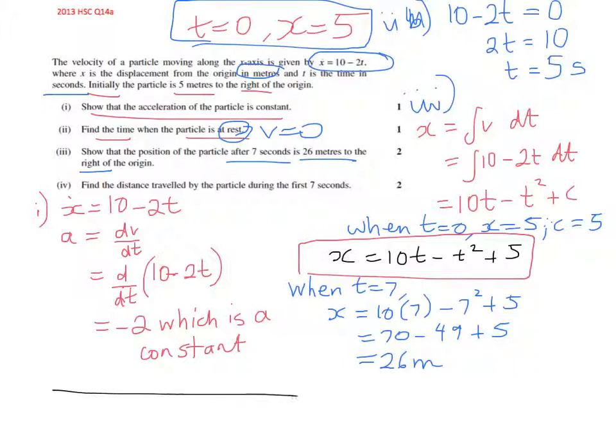So with our number line here, we will put 0 here, where we have 5, 10, 15, 20. 26 is just here. So initially it is at 5. The particle is moving up, and at t equals 7 it is at 26.